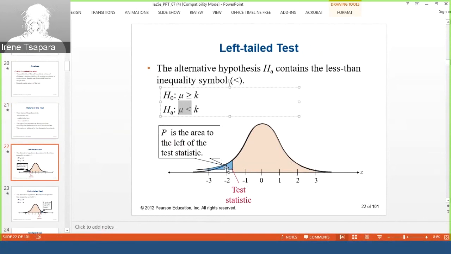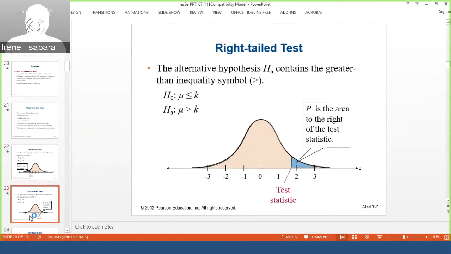So if your alpha is 0.1, so 10%, then this means that your tail right here, that is your rejection area, is going to be 10% of the entire curve. So alpha, the significance level, is the area of your rejection region. And the rejection region for a left-tail test is always the left tail.